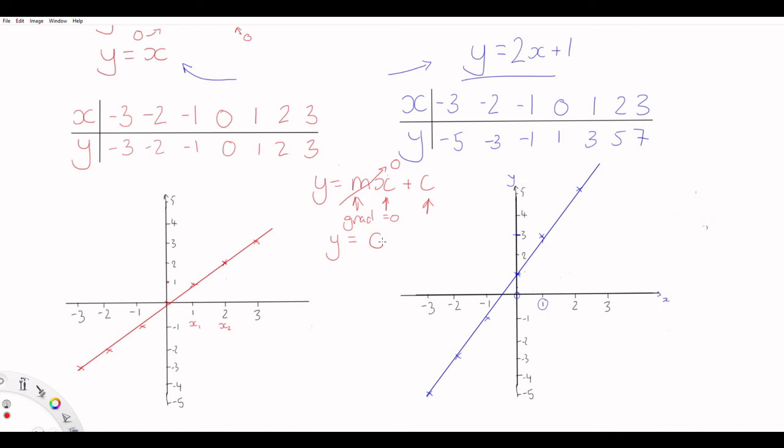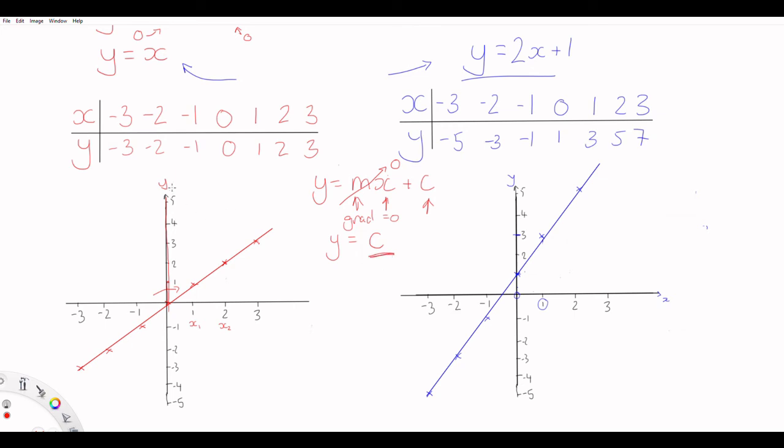So what does the point x equals 0 mean? It is the point at which the graph passes the y-axis. The whole of the y-axis is the line of x equals 0. So the value on the y-axis at the point where it passes is going to be equal to c.